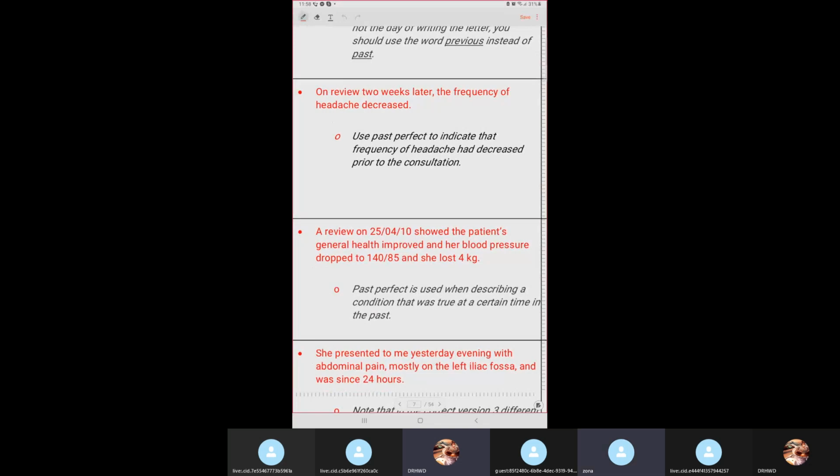Okay, you see, there are three things happening here. She presented to you yesterday evening with abdominal pain, mostly on the left iliac fossa, and that was there for 24 hours.